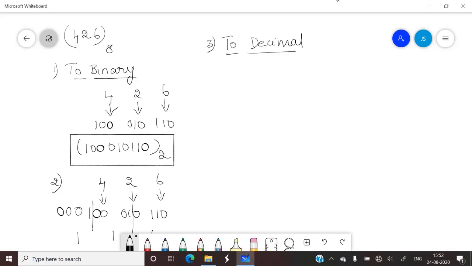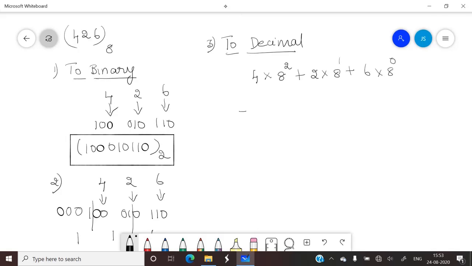To convert from other representations to decimal, the procedure is to take the digits, starting from the most significant digit, and multiply the digits by the integer power of r. Here r is 8, as it is an octal number. So 4 into 8 power 2 plus 2 into 8 power 1 plus 6 into 8 power 0.